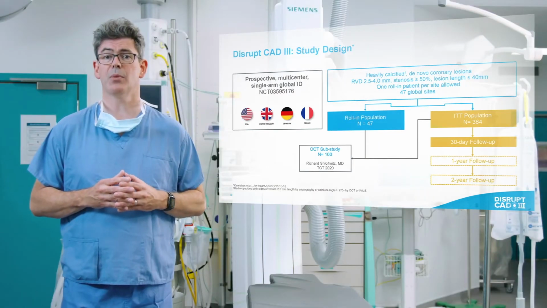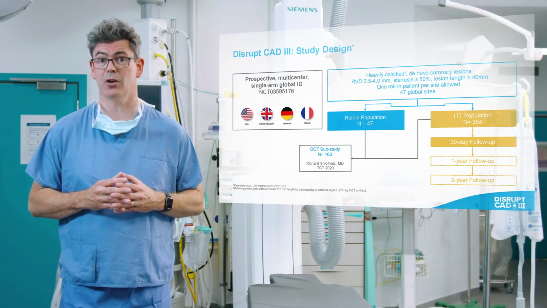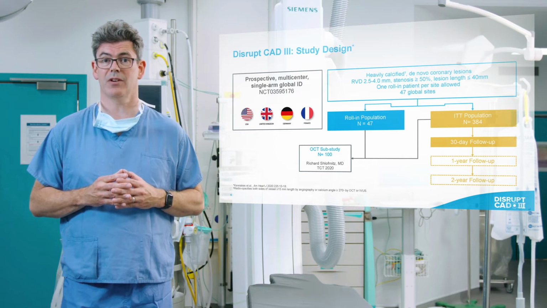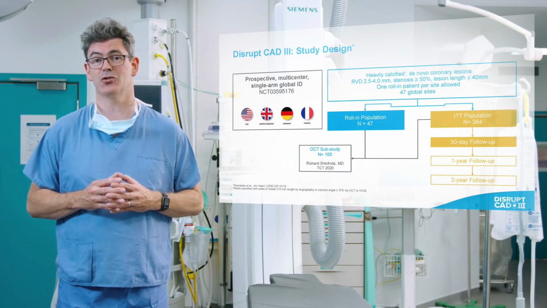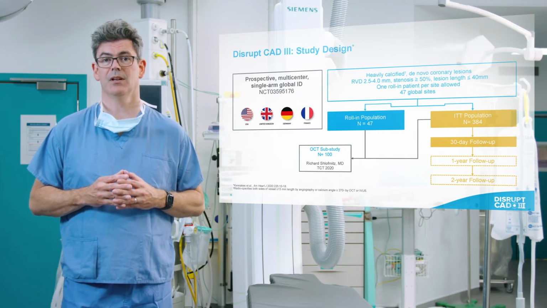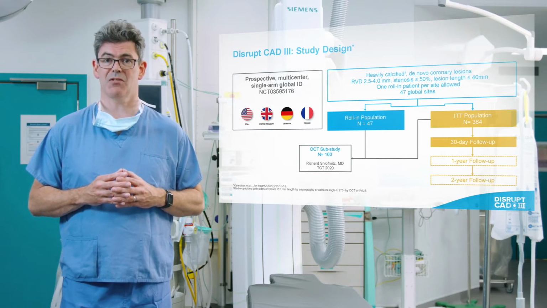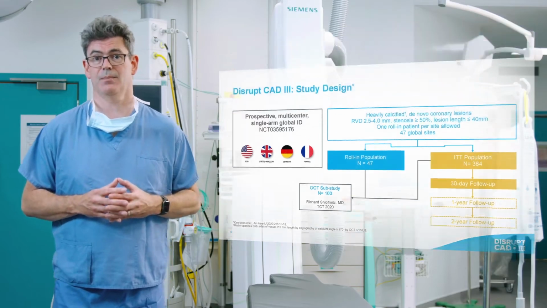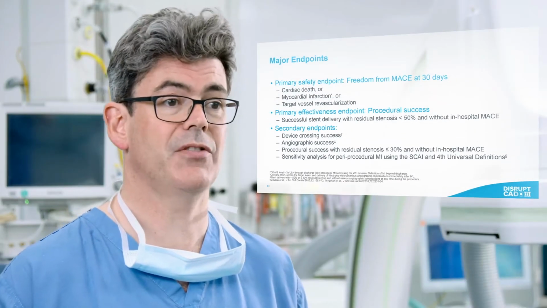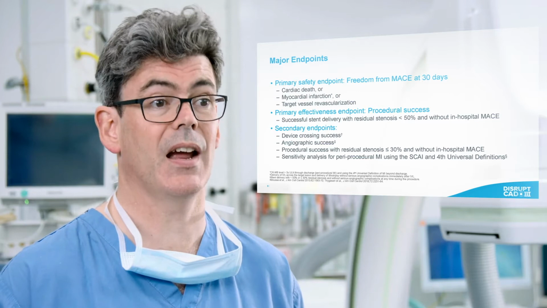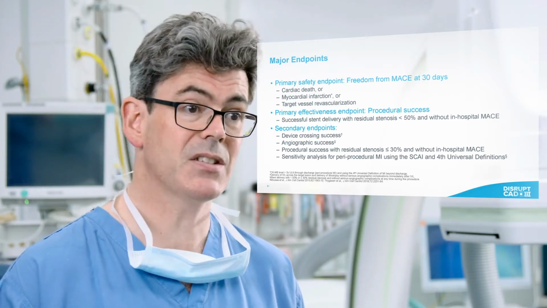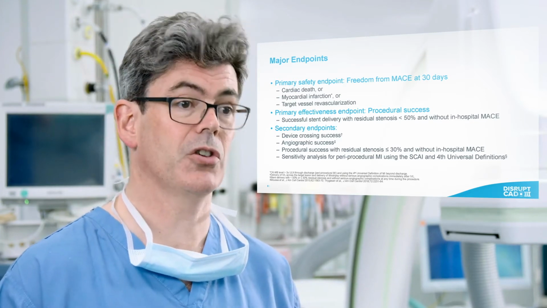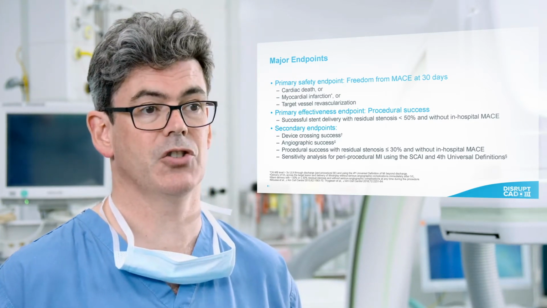1 roll-in patient per site was allowed at 47 global sites. There were 47 roll-in and 384 patients in the intention to treat population. The primary endpoint was assessed at 30 days, and there was a 100-patient OCT sub-study. The primary safety endpoint was freedom from MACE at 30 days, and MACE was defined as cardiac death, myocardial infarction, or target vessel revascularization.